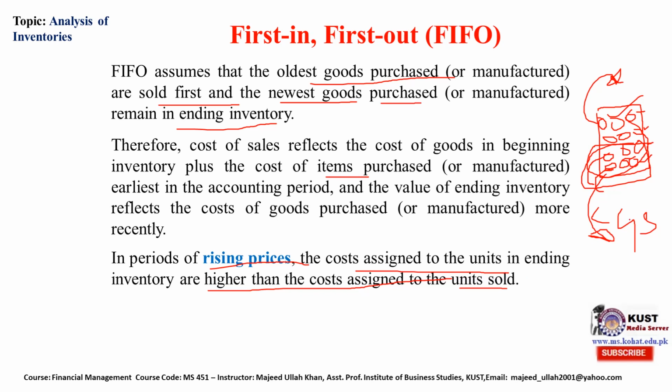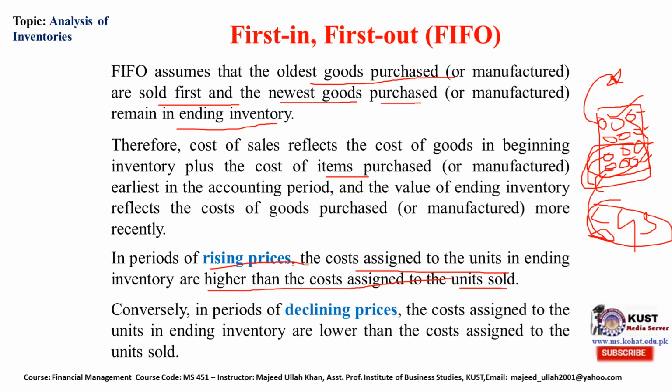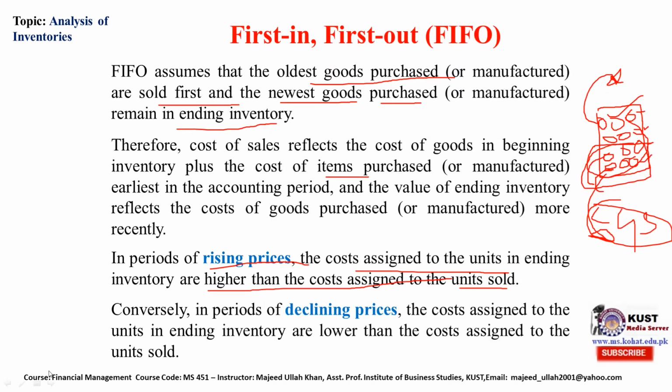So we will have lower cost of goods sold and higher inventory in the balance sheet. And conversely, in the period of declining prices, the cost assigned to the unit in ending inventory is lower than the cost assigned to the unit sold.